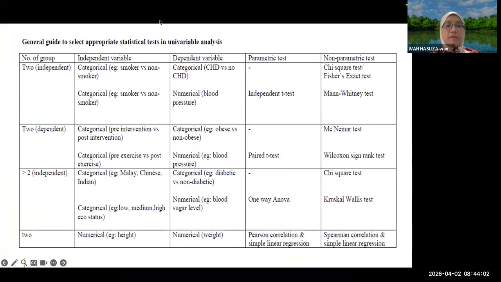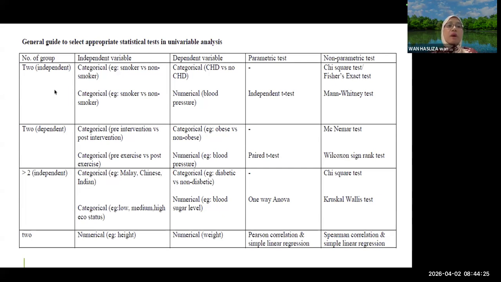Okay. First, there are groups. If you see on the first column, the number of groups, we have two: independent or dependent. What we mean by independent is that you only take the participant information, or you do the study, only one time.